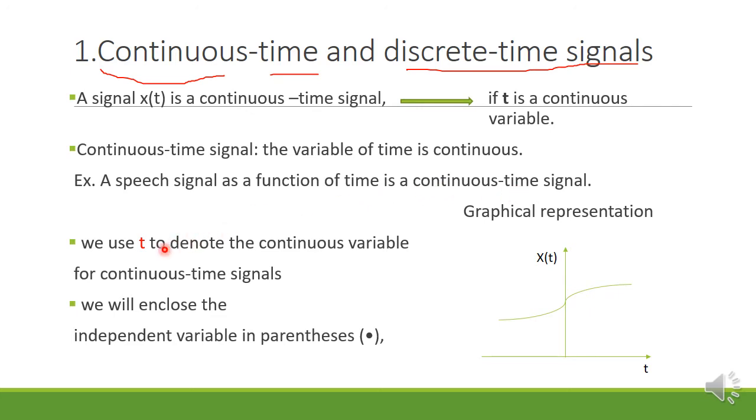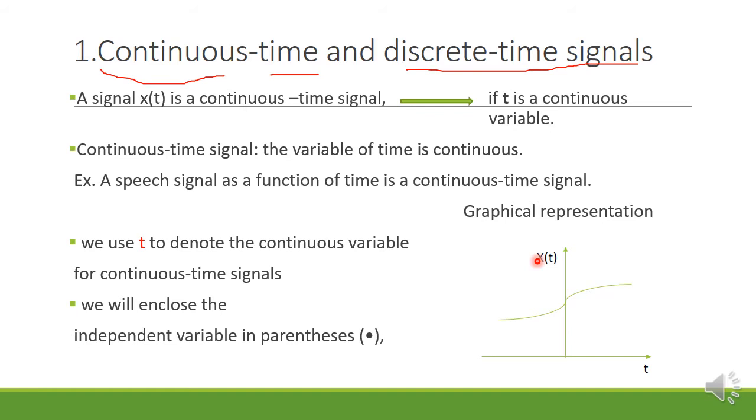Next, we use small t to denote the continuous variable for continuous time signals. Always remember that whenever we say x of t, it is a continuous time signal.